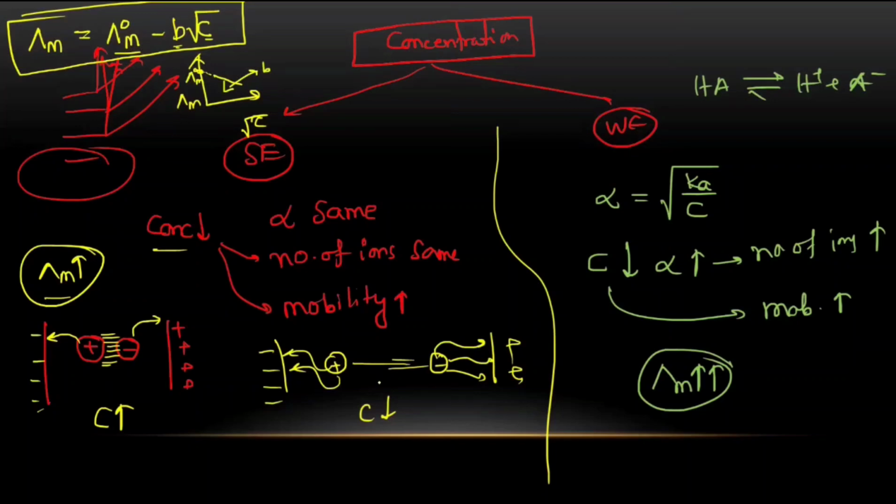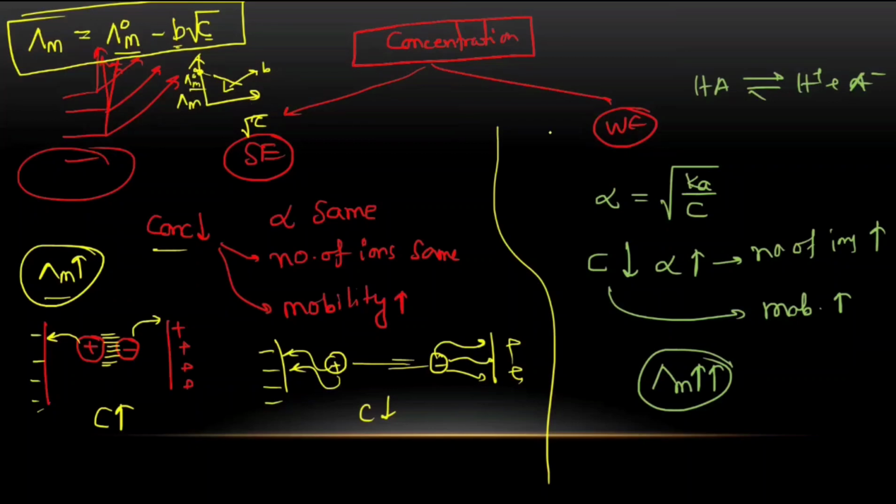Infinite dilution means adding an infinite amount of solvent or water, which is practically not possible. Practically you can't reach this zone, but you can extrapolate the graph and get lambda 0 m, the conductance at infinite dilution.